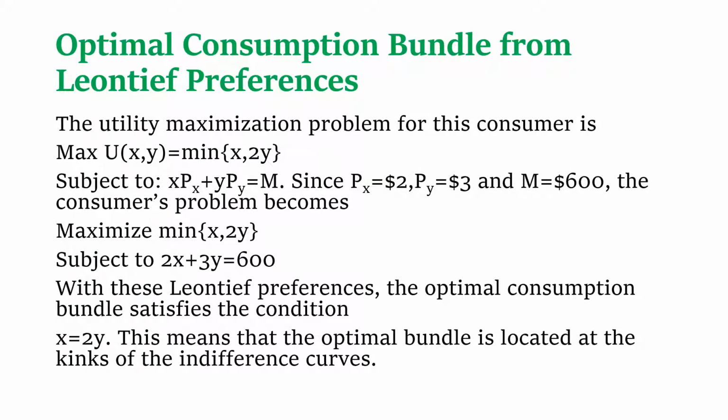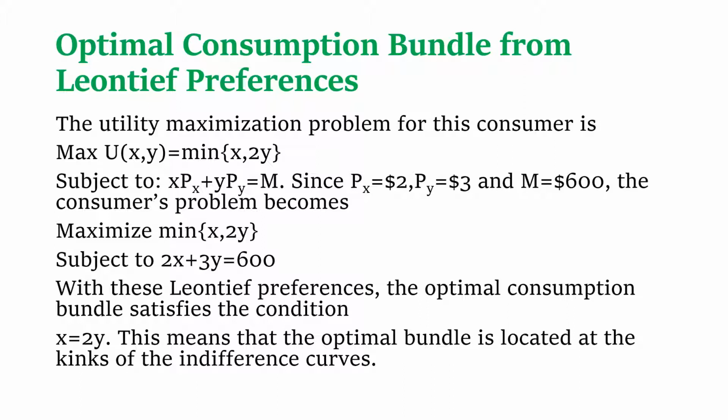So let's try to solve this problem. The utility maximization problem for this consumer is what? Maximize utility of x, y equals the min of x and 2y, subject to x·px plus y·py equals m.